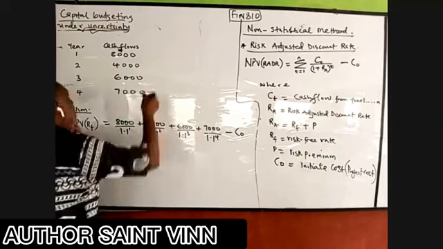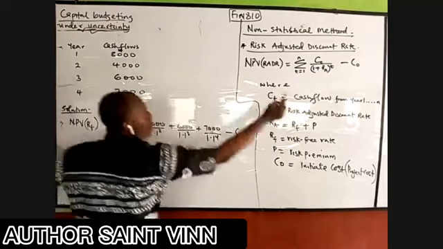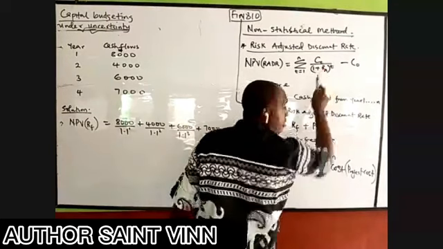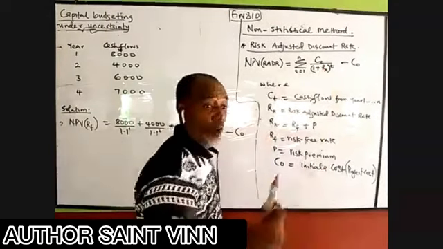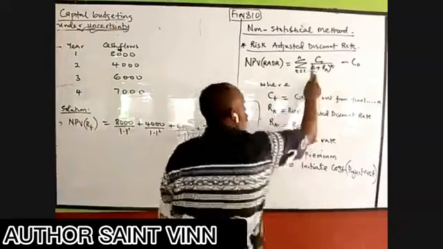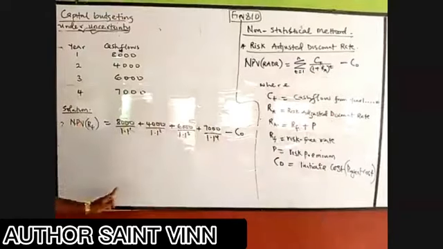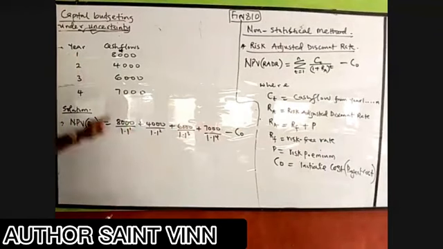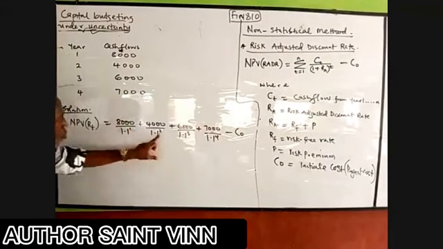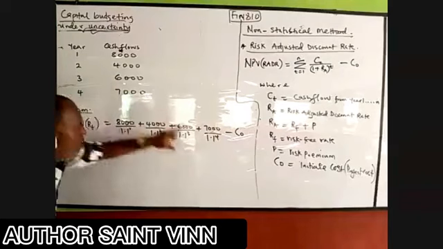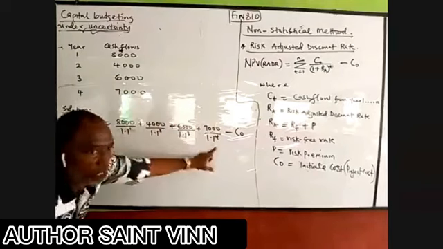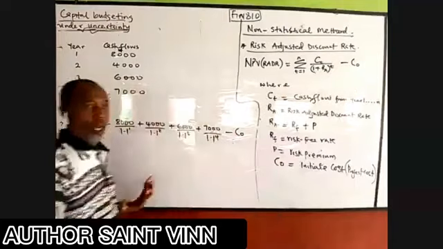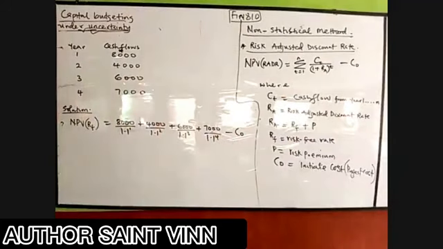Let me show you that again: 1 plus R. Risk free is 10%, and 10% is 10 over 100, which is 0.1. So 1 plus 0.1 is 1.1, and this is year 1. That's all for year 1. Year 2, year 3, year 4, minus our C0. Is it clear? Any questions?